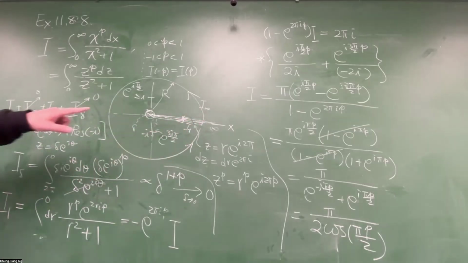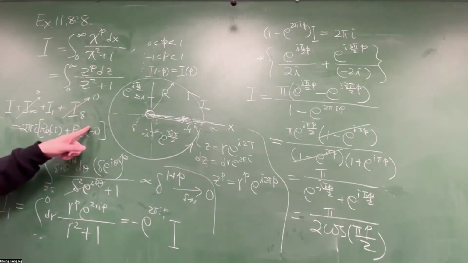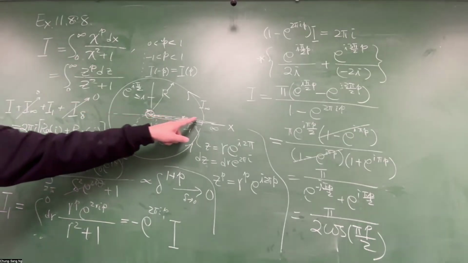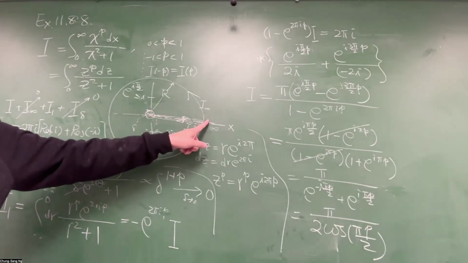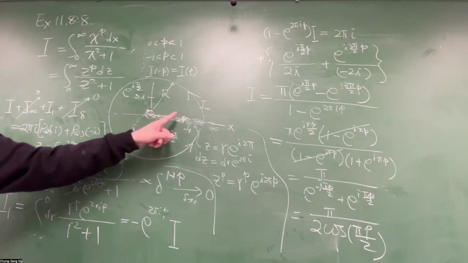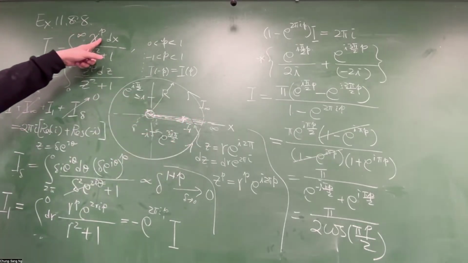Yeah, I infinity is the large circle. The little one, this one i, this one is the original one. It's along this real axis. Here, there. Okay, here, there, and the phase angle along here is 0. So I don't need to worry about x to the p. The phase angle is 0.